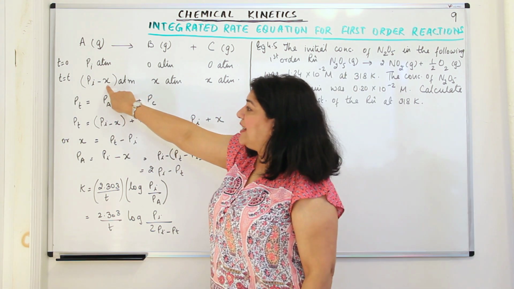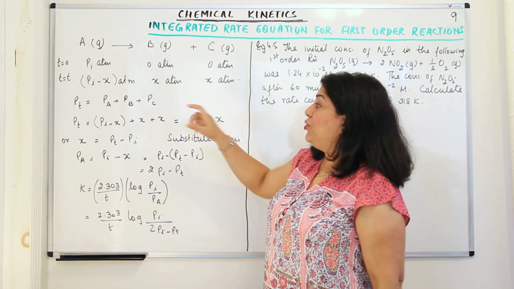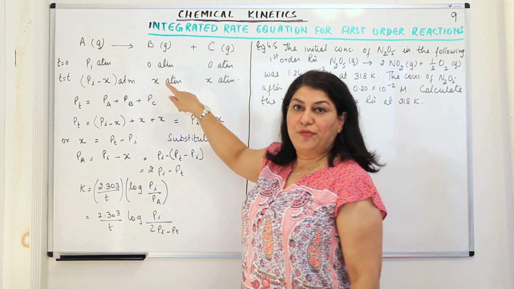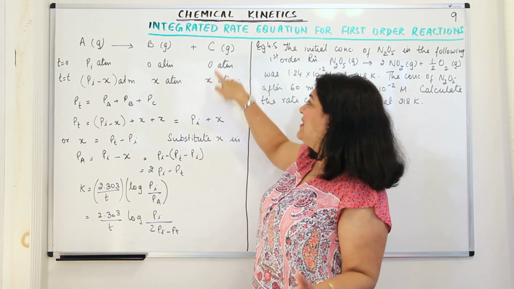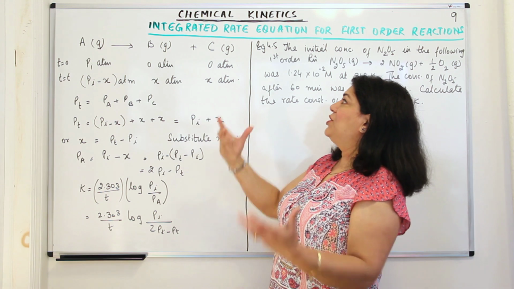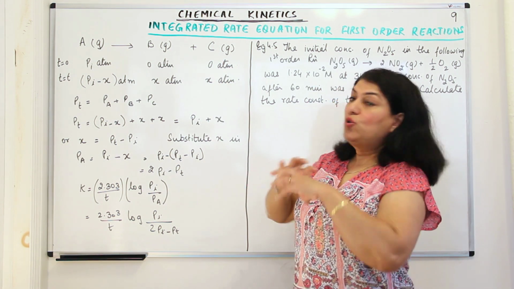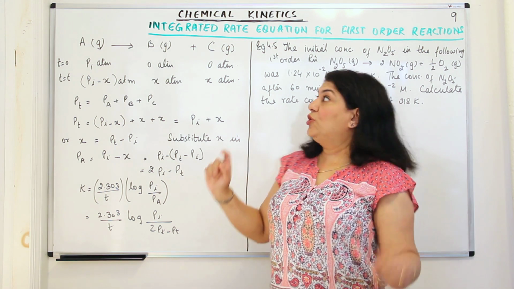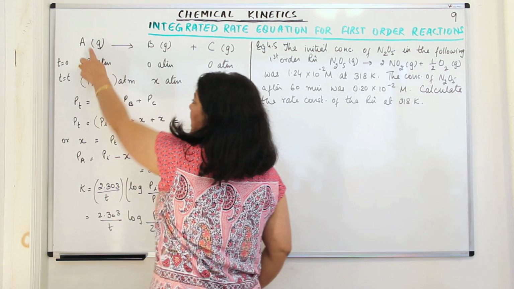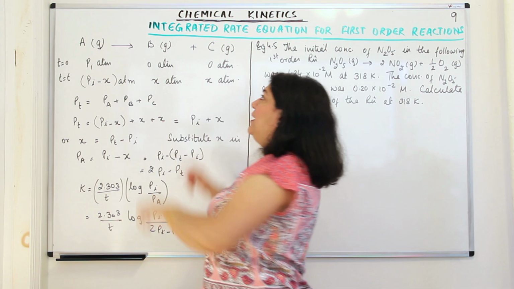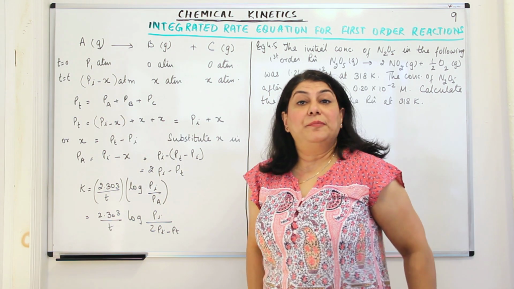So if X atmosphere decreased, it means that X atmosphere of B was formed and X atmosphere pressure would be the pressure given by C. So at time T, what would the total pressure be? The total pressure would be the partial pressure of A plus partial pressure of B plus partial pressure of C.